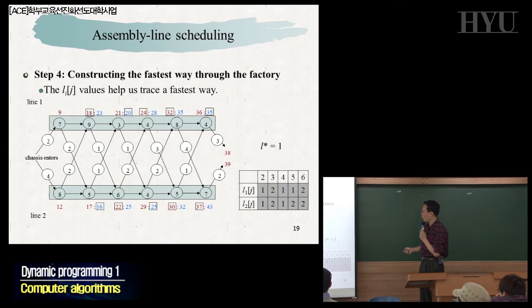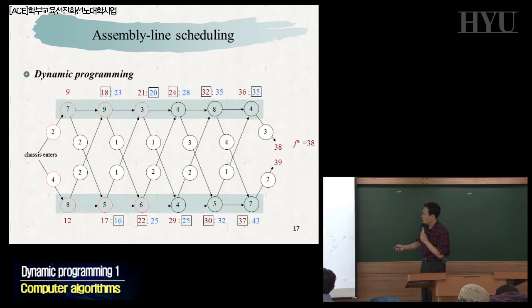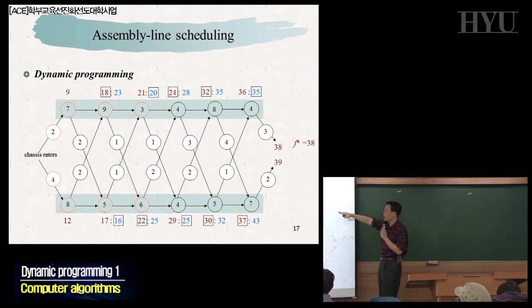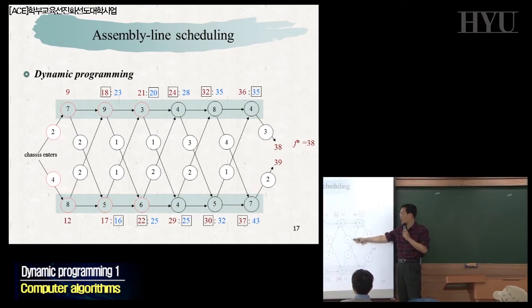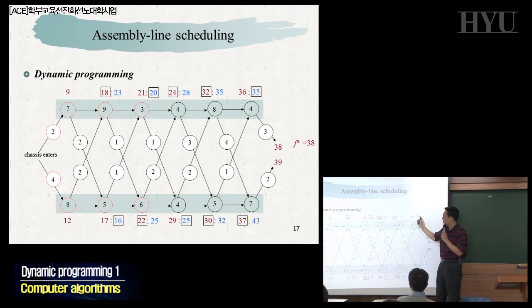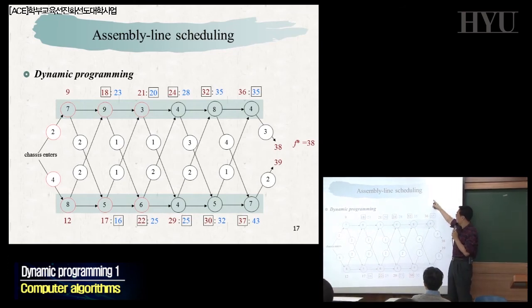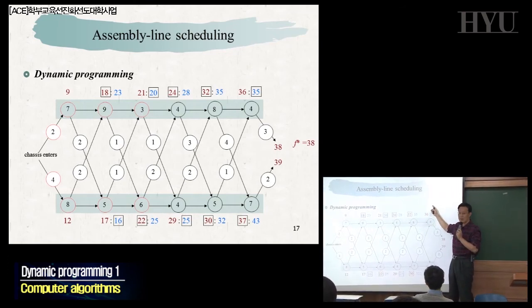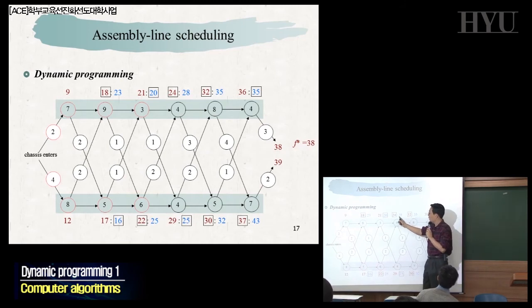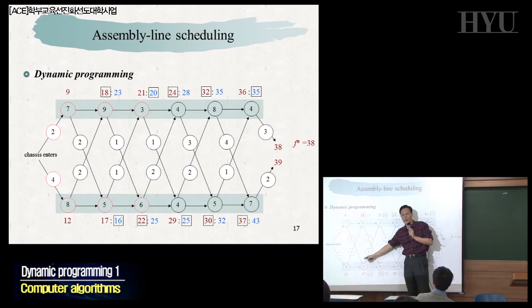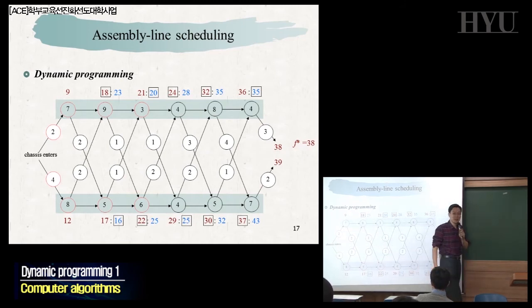We need to store another array, the L array. This is the F array, okay? We maintain an array F, and instead of writing an F array like this, I indicate every entry in each station.